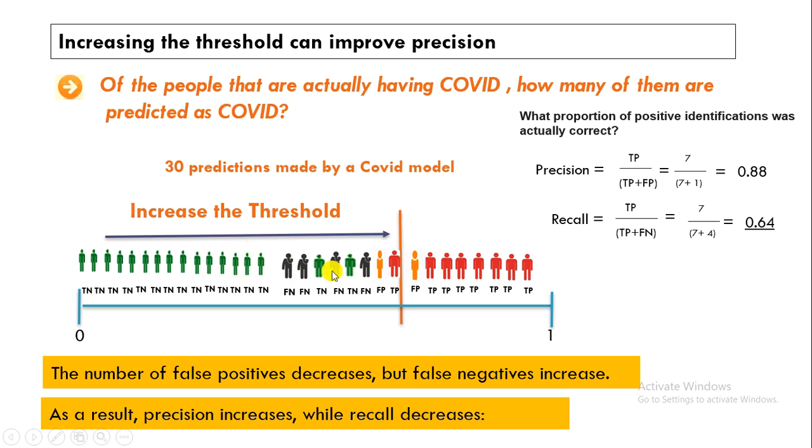Even though these black colored people have COVID infection, just because my threshold value is higher, these people fall on the left side of the threshold, true negative. And why is the false positive decreasing? See, these people have higher probability. The model assigned higher probability to these people, but still there was some false positive. Compared to this, the false positive is decreased here, whereas the false negative increased.